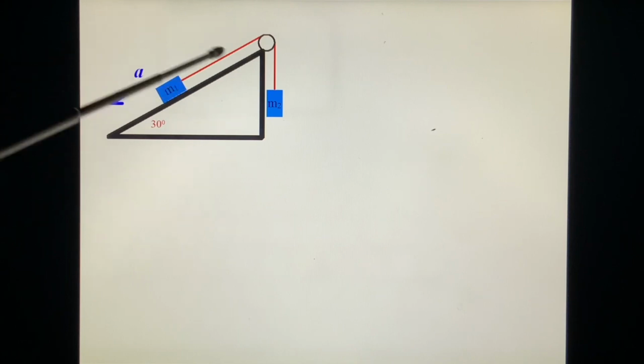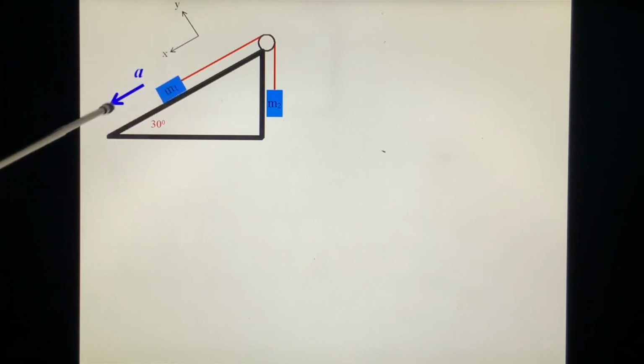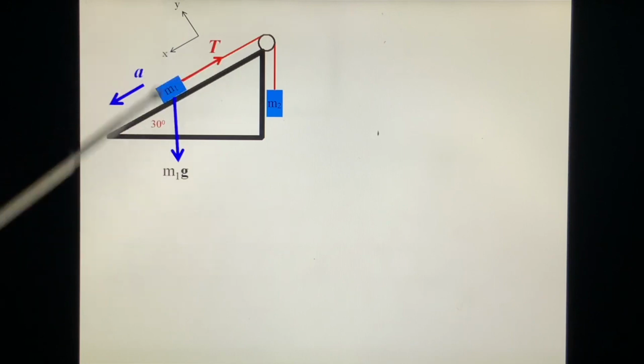We look at M1. How many forces act on it? We take the reference x down along the inclined plane. T from the rope. M1g from the Earth. Normal force from the plane.